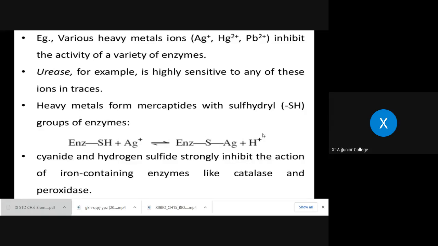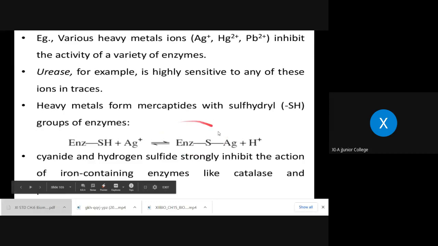Urease, for example, is highly sensitive to any of these ions in traces. If these ions come in contact with the enzyme urease, then its activity is reduced or stopped. So heavy metals form mercaptides with the sulfhydryl groups of the enzyme, and in this way the rate of the enzyme activity is affected.